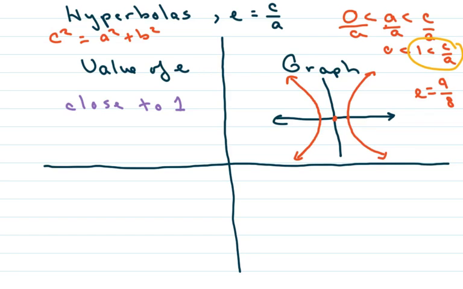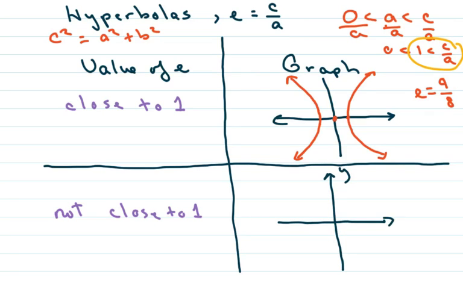However, if it's not close to 1, so a lot bigger than 1, then we get something like this. This is Y, this is X, and this is our origin here. I'll put a little dot here.